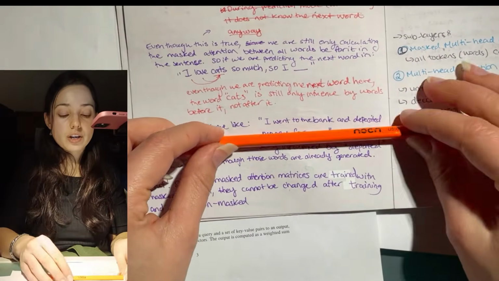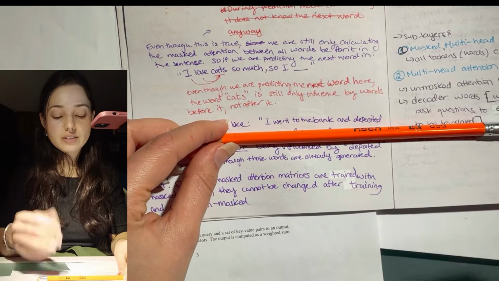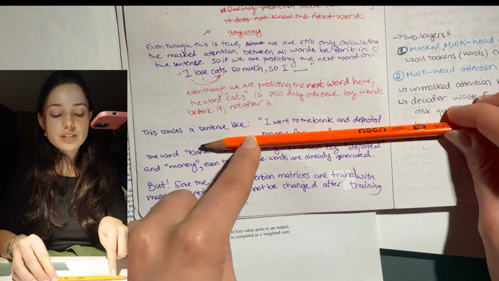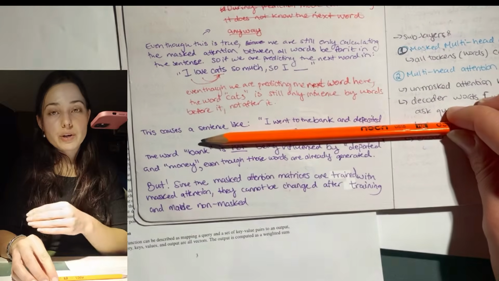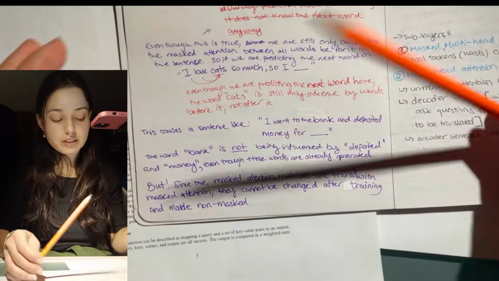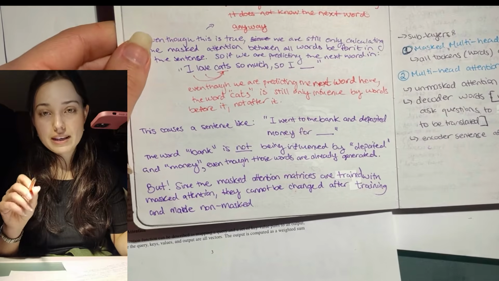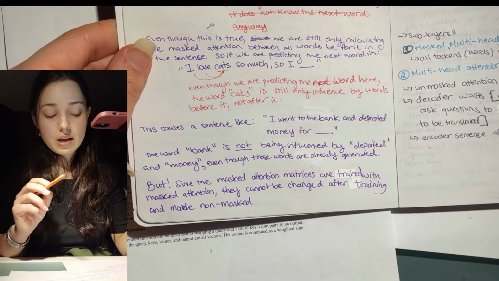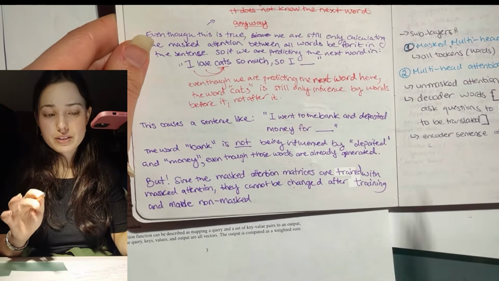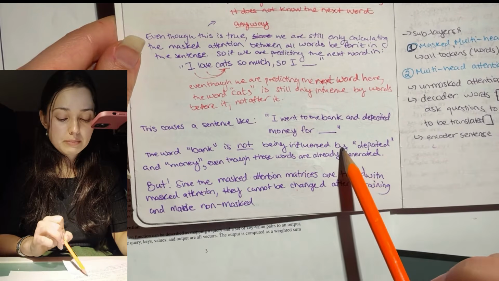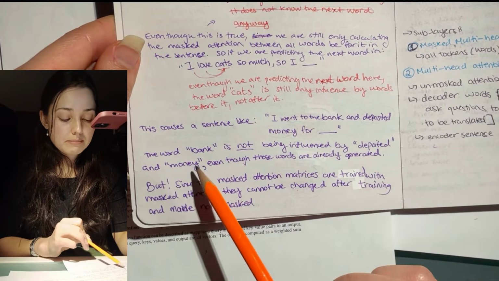And we can't change that. Even if we're no longer in the training process, we're not allowed to change it so that later words are able to affect previous words. So I wrote that down here, and I'm going to read it out loud for you because I'm not sure if my explanation made sense. The word bank is not being influenced by deposited and money.